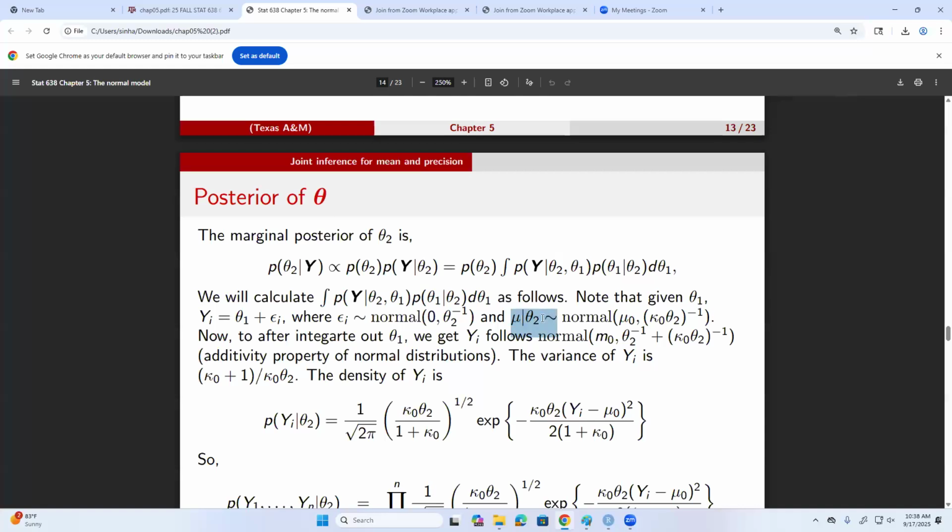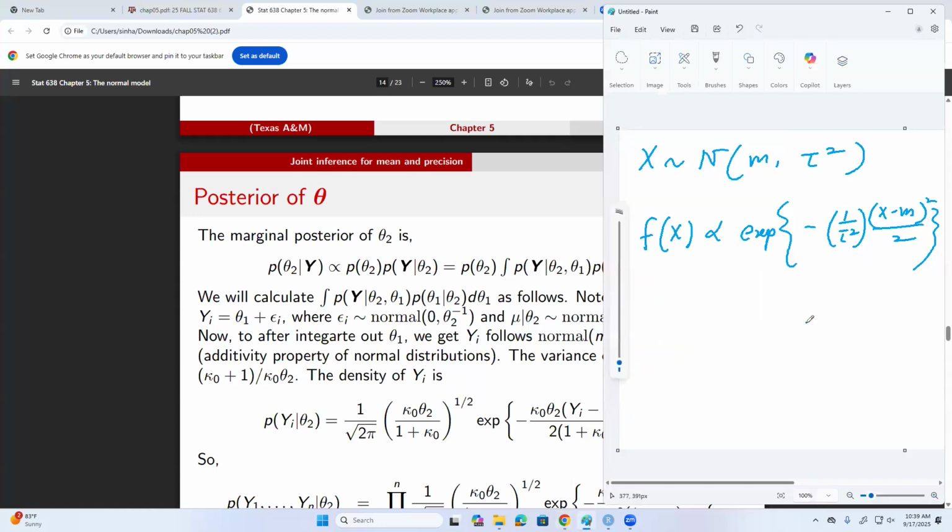Theta 1 given theta 2 follows this normal distribution. This is our prior distribution. So if I integrate out theta 1, then the distribution of yi follows a normal distribution with mean m0 and variance this plus this. We talked about this technique previously.